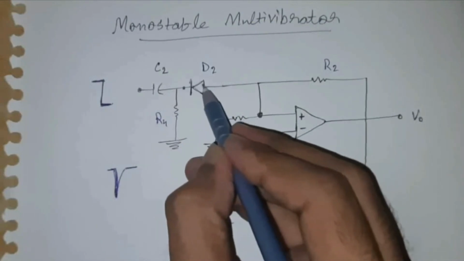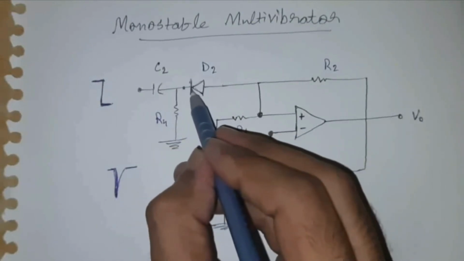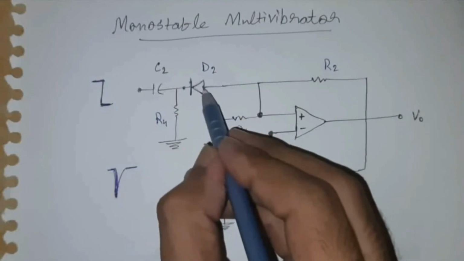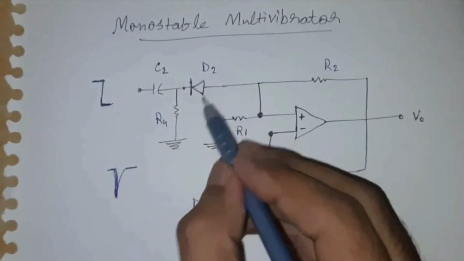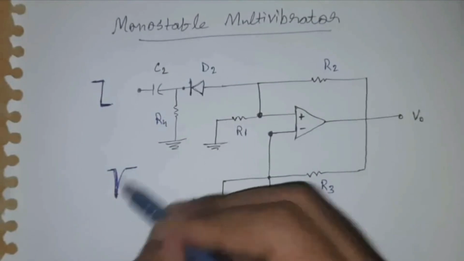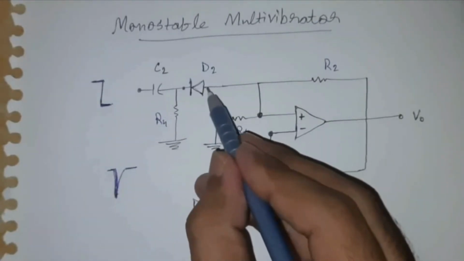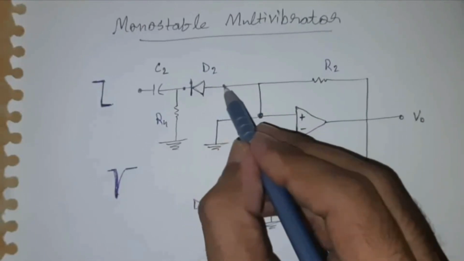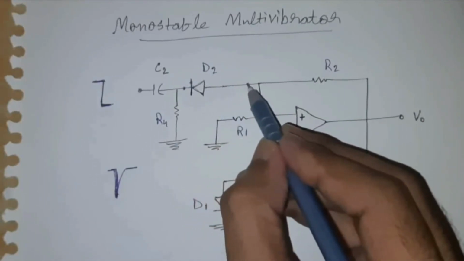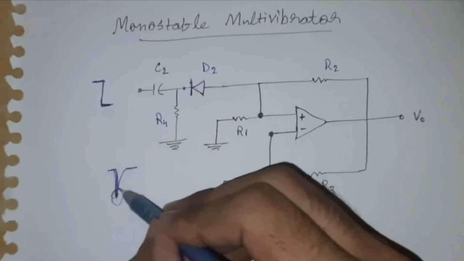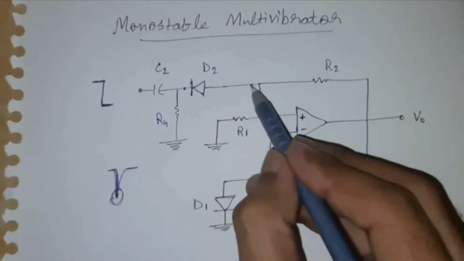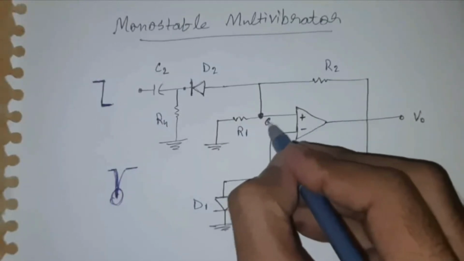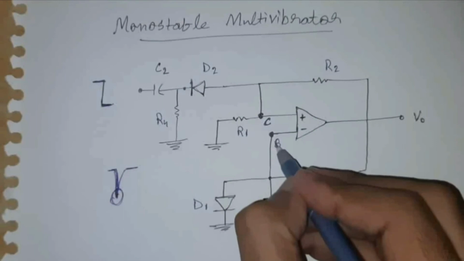Whenever there is negative voltage applied at this end, only then this diode D2 will turn on. So this pulse makes diode D2 on or forward biased momentarily, and hence D2 passes this negative spike to this point. Let us suppose it is point C, and for supposition we are naming this point B.